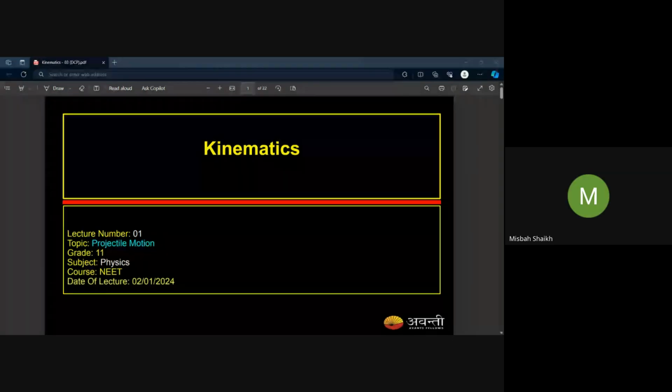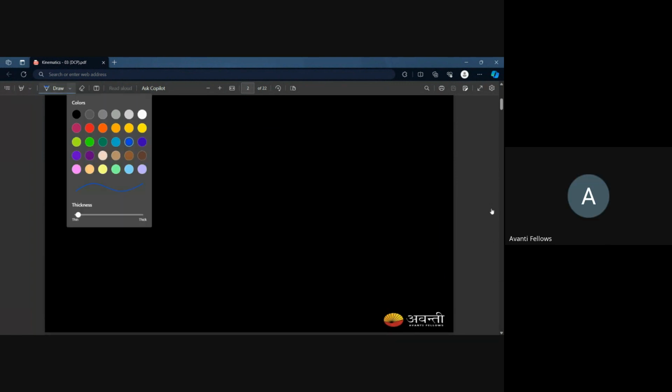Ma'am, in last class we studied constant acceleration, velocity. Cool. Let me write these points. She said we have studied constant acceleration and velocity.